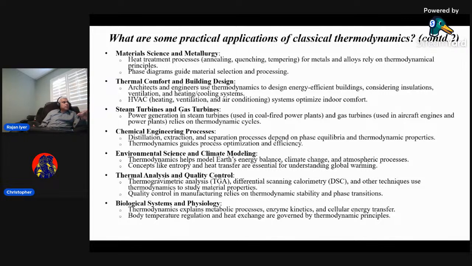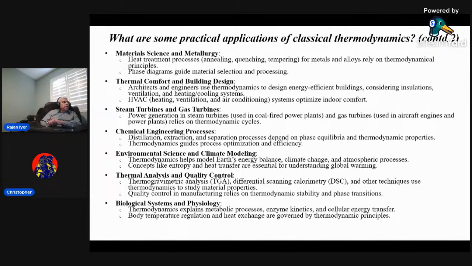And that depends on this thermodynamic aspect. Then thermal comfort and building design. Architects and engineers use them to design energy efficient buildings. Even now we know that windows, things like that, can leak cold air, so we have to know how to make it efficient.